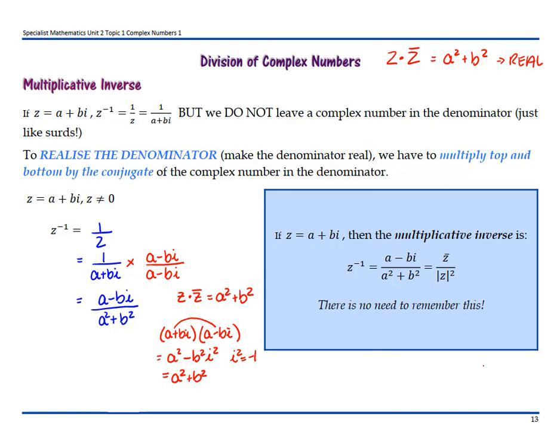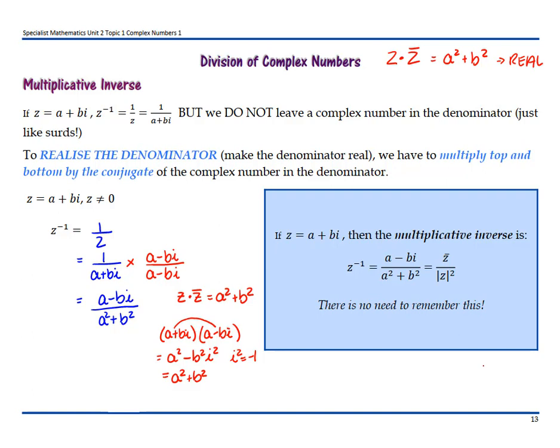So in the box here, you can see that I've summarized that. So if z is a plus bi, the multiplicative inverse is z to the negative 1, which is a minus bi over a squared plus b squared, which is our conjugate over our modulus squared.